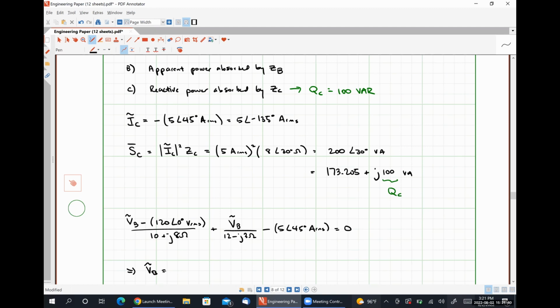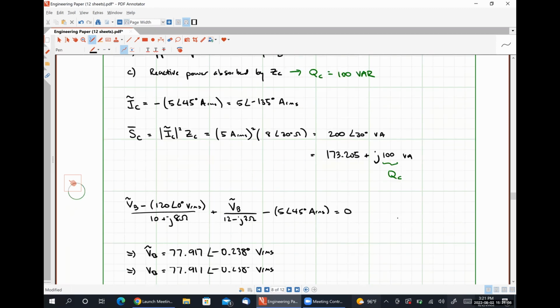And I can solve this and find that VB is equal to 77.917 angle negative 0.238 degrees volts RMS.